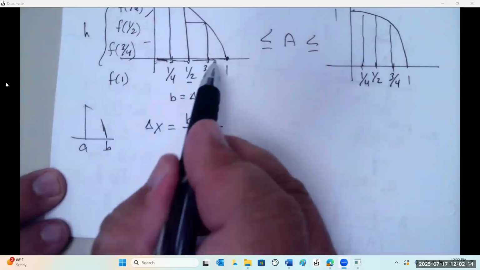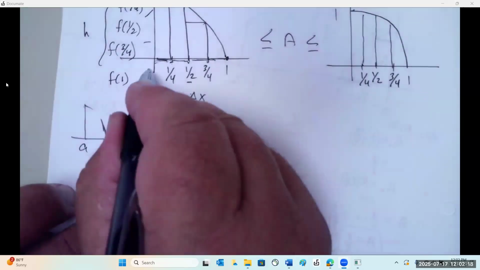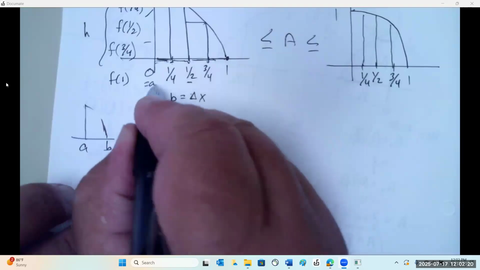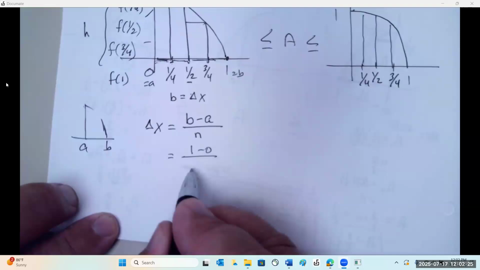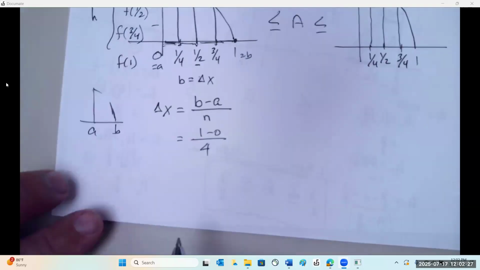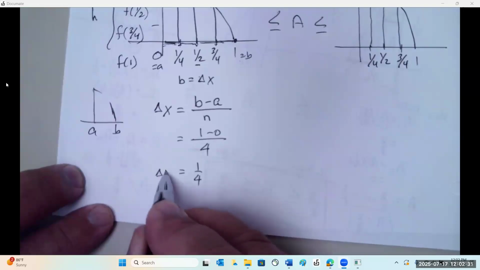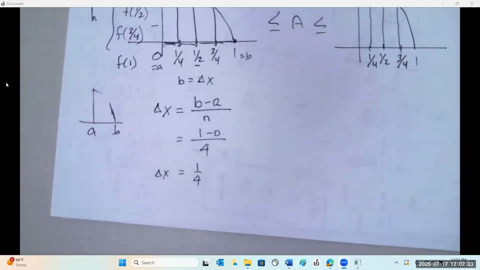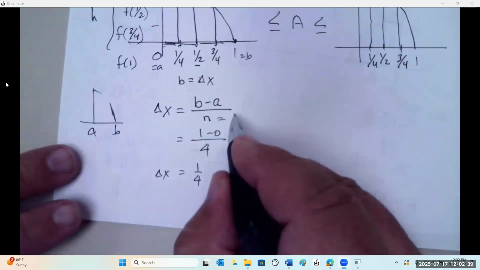So all of these are the same width. So A is 0 and B was 1. So we have 1 minus 0. I want 4 areas. So delta x is 1/4. Because I wanted 4, this tells you how many intervals I want.